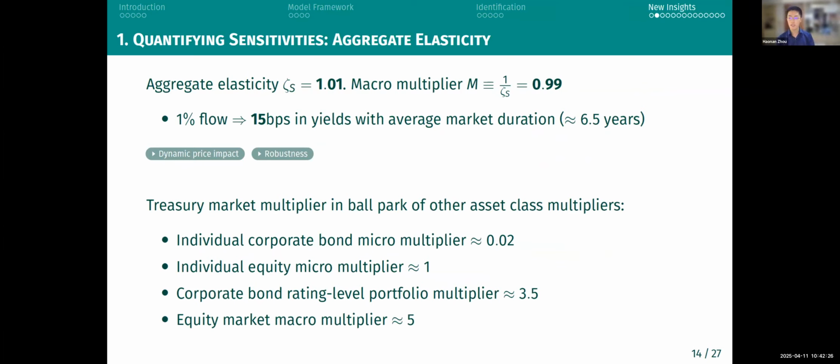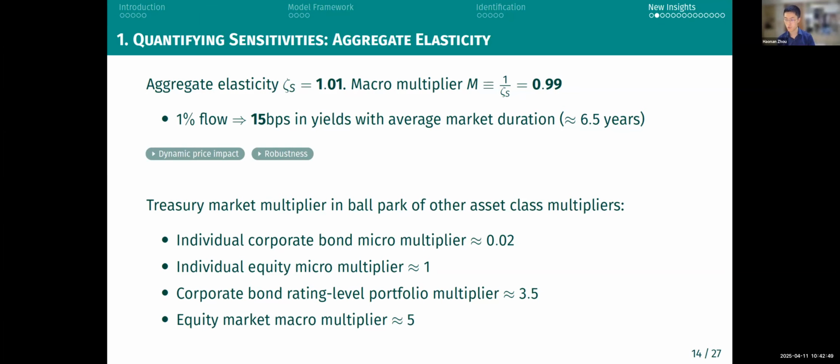As I mentioned, this is a relatively lower estimate compared to the existing literature on the corporate bond market, the equity market or the FX market, for which people here have a bunch of contributions.